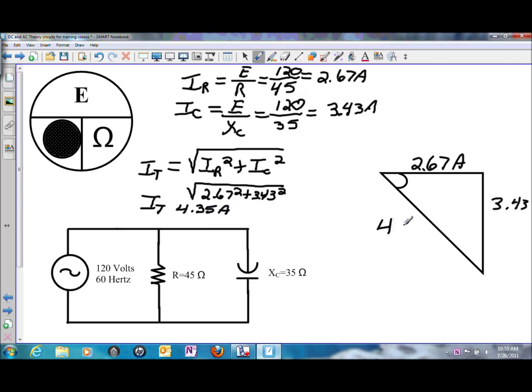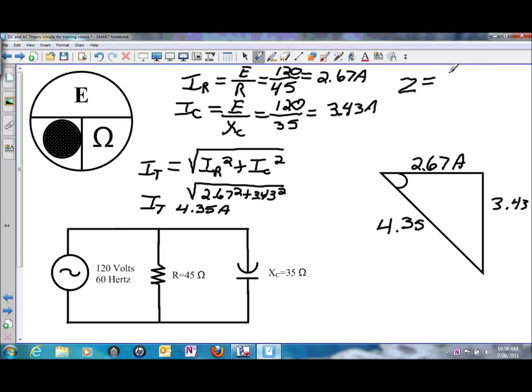So now we have the total current flow in this circuit. We can now use that piece of information, because we cannot build an impedance triangle in parallel, and we can calculate the impedance just from the voltage and the current.